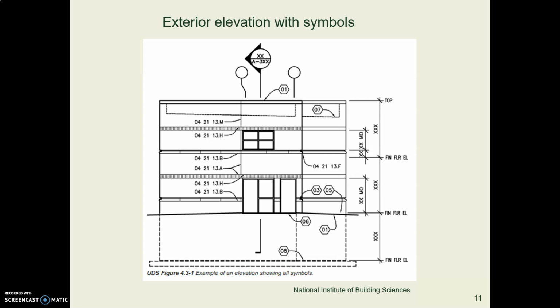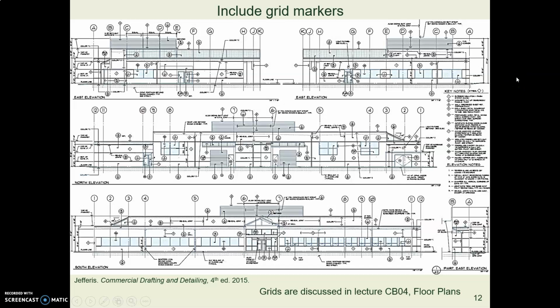It could be a section through a building, and now they are cutting another section looking another direction. It's section number so-and-so, and it's on page number A-3 something. Notice that we include grid markers on our elevation drawings. We want to keep everybody tied down to where these grid lines are.